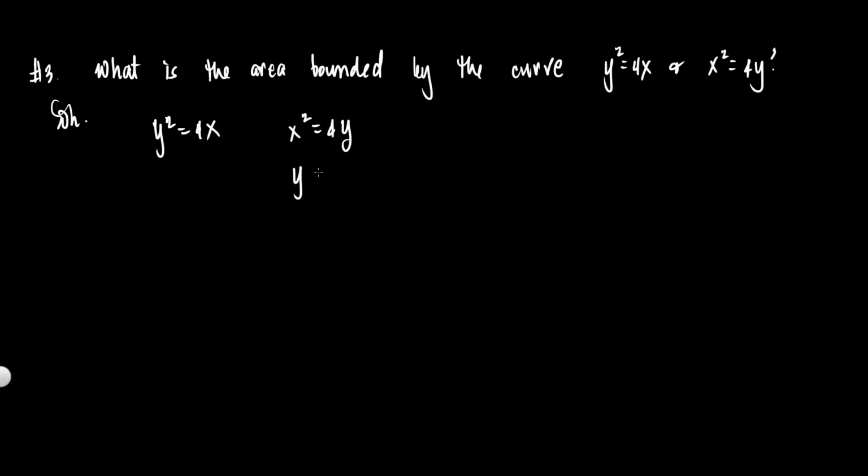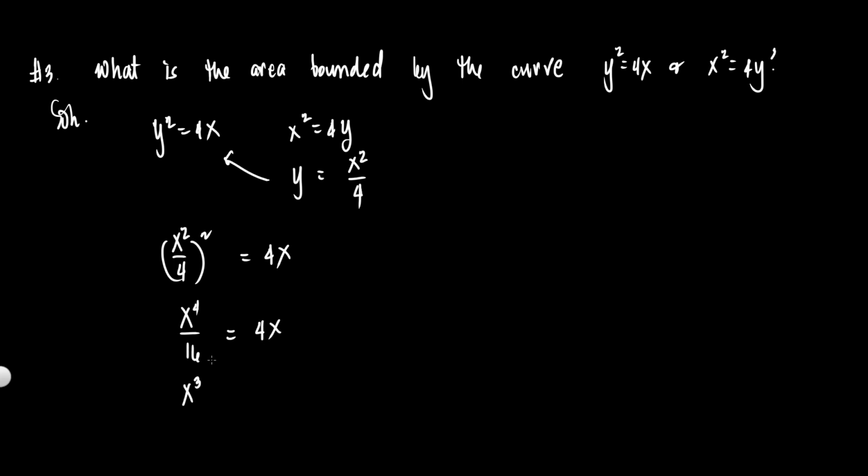Solve for y. Y is equal to x squared over 4. Then substitute here, no? So y is equal to x squared over 4 raised to 2, equals 4x. So we have here x raised to 4 over 16 equals 4x. Cancel one x.